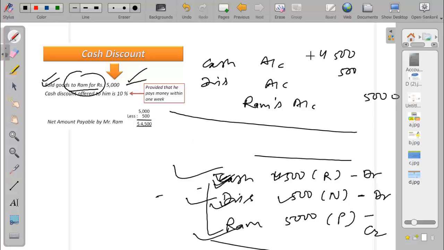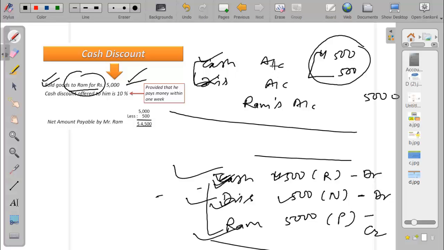Understood? See, in total, the total of debit is 5,000. Two accounts are debit, cash and discount. In this entry there are three accounts, 1, 2 and 3, and out of 3, 2 accounts are debited.